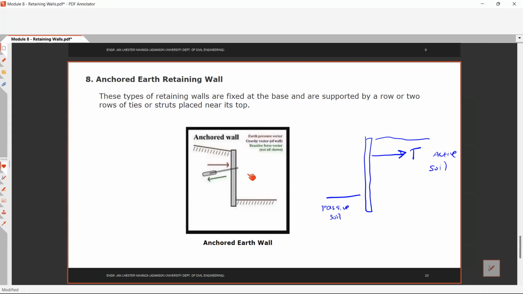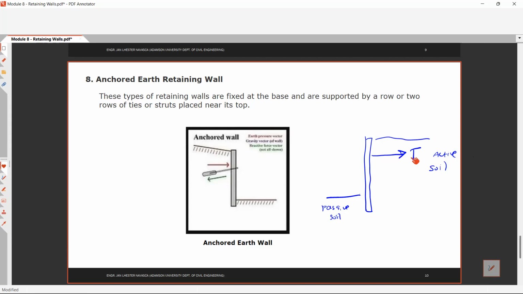Okay. So this type of retaining wall are fixed at the base and are supported by a row or two rows of ties or struts placed near its top. These struts will serve as additional tensile capacity to your retaining wall. So this is your retaining wall.